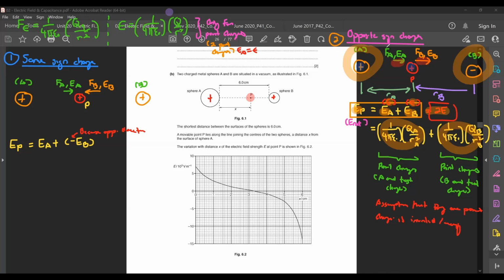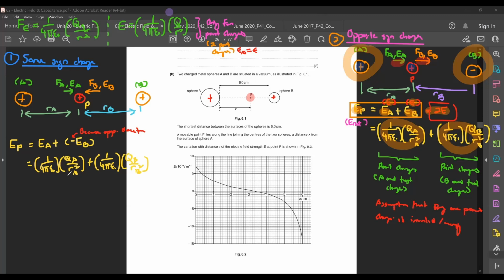Now if you expand it, this again becomes 1 over 4 pi epsilon naught QA over RA squared plus 1 over 4 pi epsilon naught QB over RB squared, where your RA is this and your RB is this. So that's one thing to note.